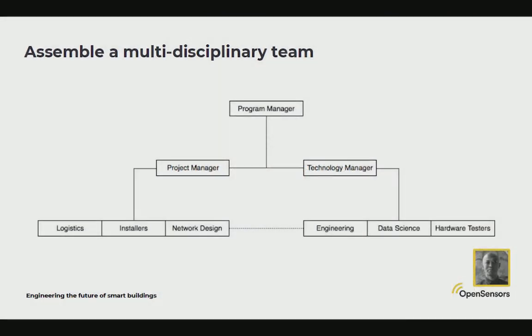So one of the things that we found, at least using our years of collective experience in deploying IT and IoT into the built environment, is really that it takes a multidisciplinary team to actually deploy and scale these networks. And I think there's a lot of complexity involved in not only building these networks, but how you manage them.